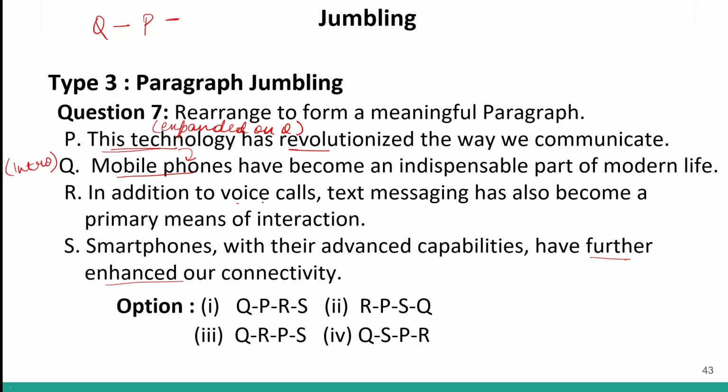In addition to voice calls, text messaging has also become a primary means of interaction. So, I can say that R is expanding on P, correct? So, the next statement will be R.